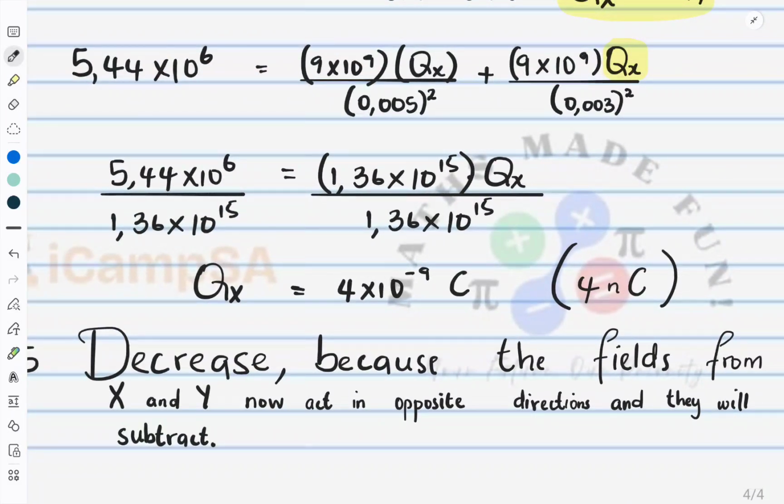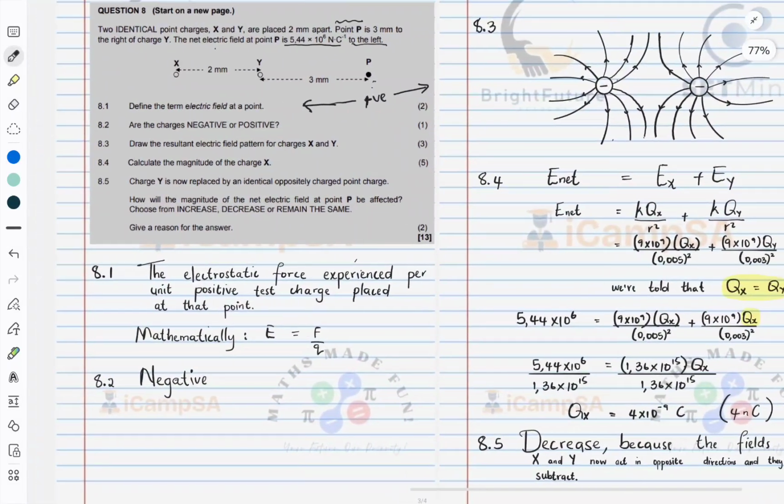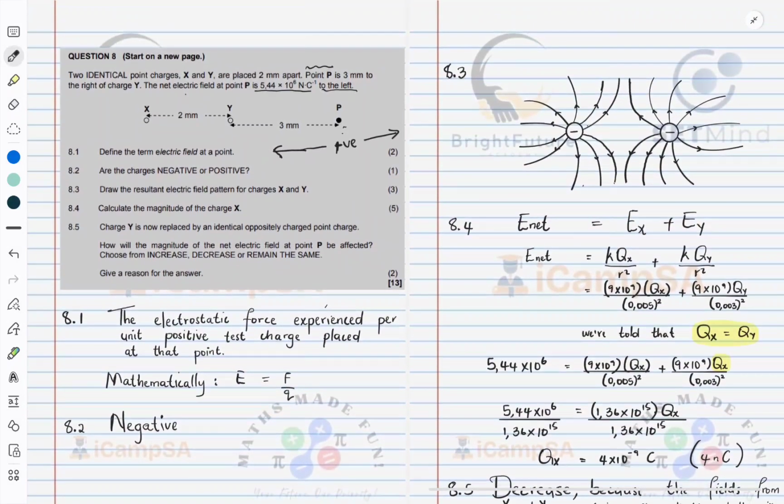The net electric field will decrease because the fields from x and y are now acting in opposite directions, and as a result they subtract one another, leading to an obviously lower sum than before. All right, so that's it for this video. I will catch you on the next one.